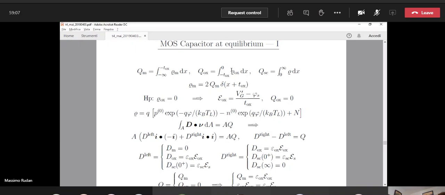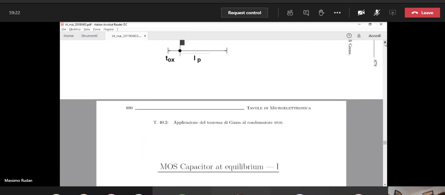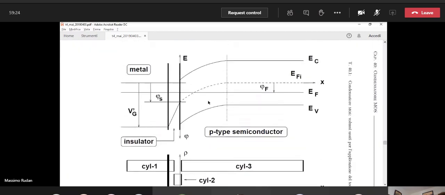At this point, it is very easy to calculate the electric field inside the oxide, because since the potential is linear, then the electric field is a constant, and you see immediately from the figure that you must take minus the derivative of this line. So it is phi s minus Vg prime divided by Tox with a minus.